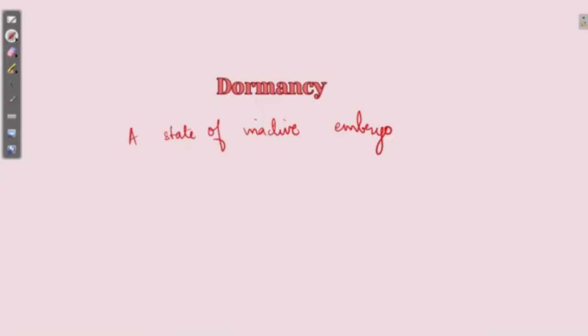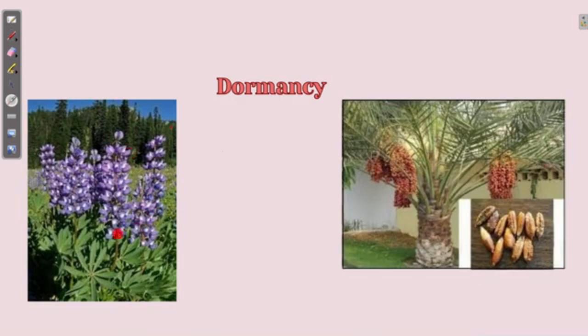It is identified that there are certain seeds which remain dormant and alive for hundreds of years. An example of that is lupin, Lupinus arcticus. The seeds of this plant were excavated from the Arctic regions and it is recorded that after 10,000 years of dormancy, the seeds germinated and flowered.